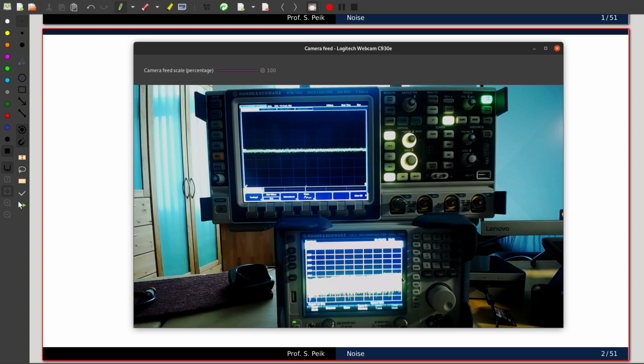We still see a signal, and the signal is more or less a straight line, which also goes a little bit up and down. The values cannot be seen here. However, you can clearly see the up and down on the spectrum analyzer and the wavy line here on the oscilloscope. That means even in the absence of any signal, we receive something, and that's what we know as noise.